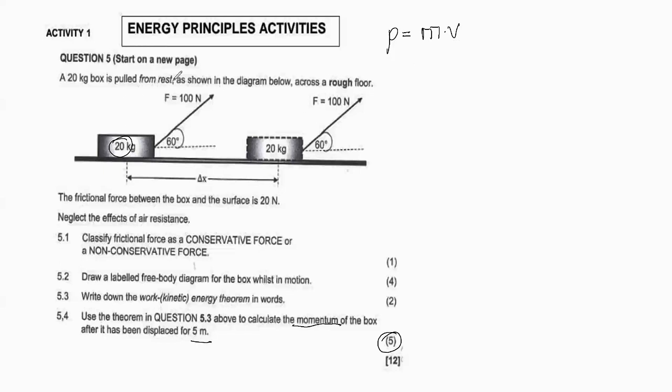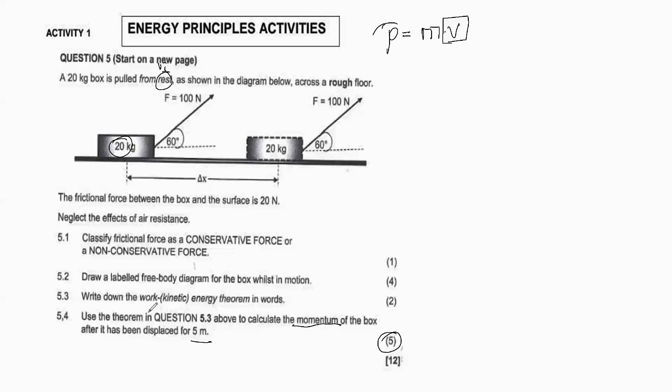So we cannot be using this velocity initial here, because this is before it was displaced for 5 meters. So what are we going to do here? We must find the momentum, but first we need to figure out the velocity. So now you understand how we approach that 5-mark question. We first find the velocity, and then we can find our momentum.